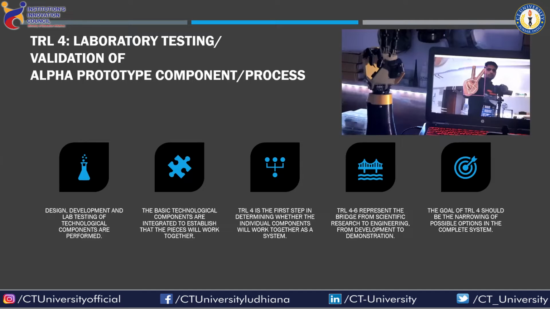The basic technological components are integrated to establish that the pieces will work together. So the basic components are all merged together, and we see whether they are working together or not. That comes in TRL level 4.